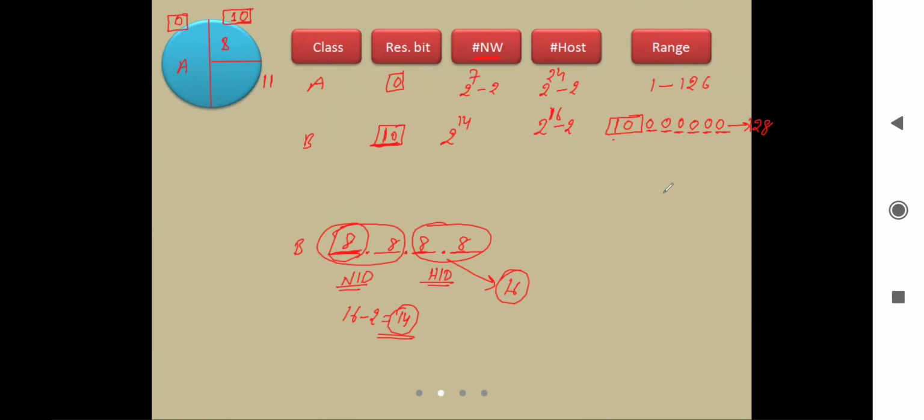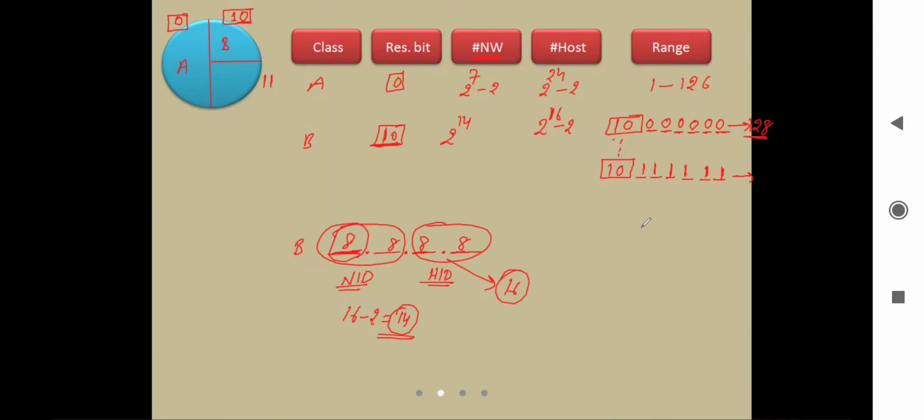So it is 128. And what about the maximum number? For the maximum number, here 1 0 is fixed and 6 places are remaining. It means I will put all ones in the 6 places for the maximum number, right? And what is the value of this?